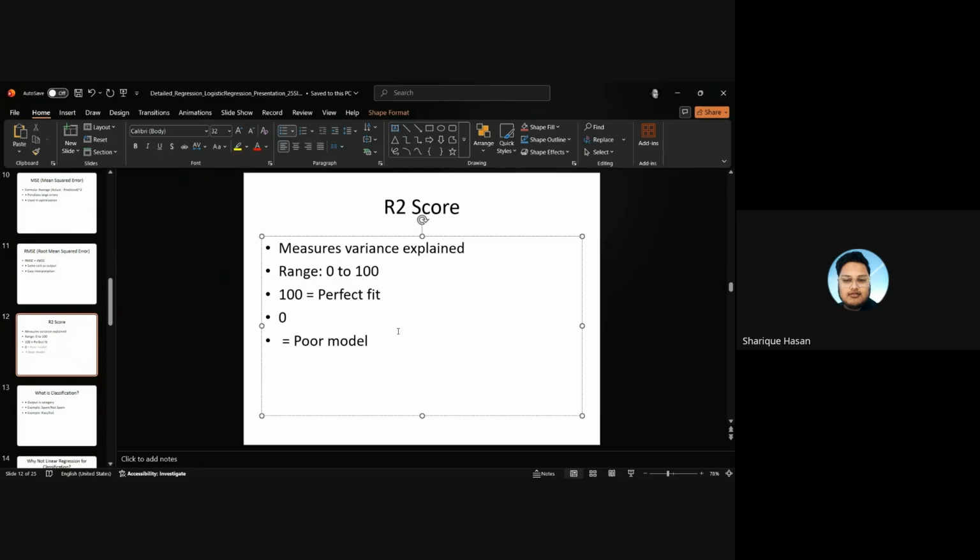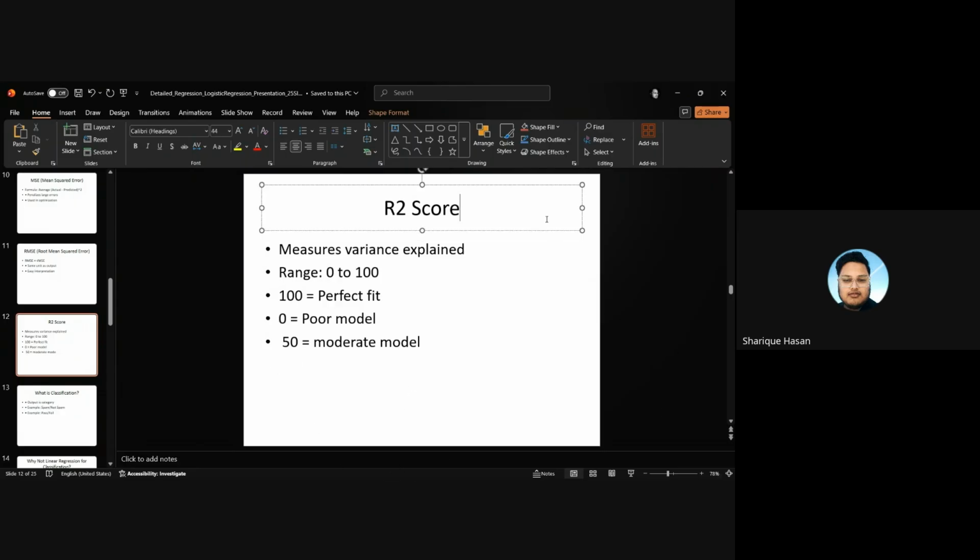Suppose 50 is a moderate model or middle model. Suppose 25 is less moderate, and 75 is more moderate, like this. R2 shows a range.